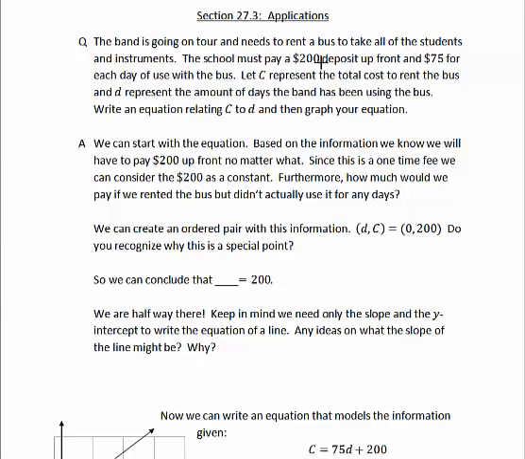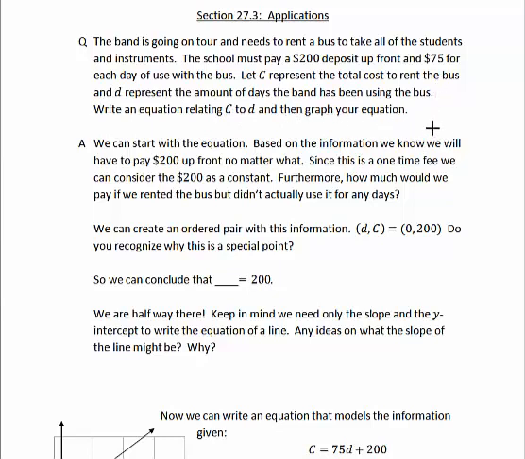The school must pay a $200 deposit up front and $75 for each day of use with the bus. Let C represent the cost to rent the bus and D represent the amount of days the band has been using the bus. Write an equation relating C to D and then graph your equation.